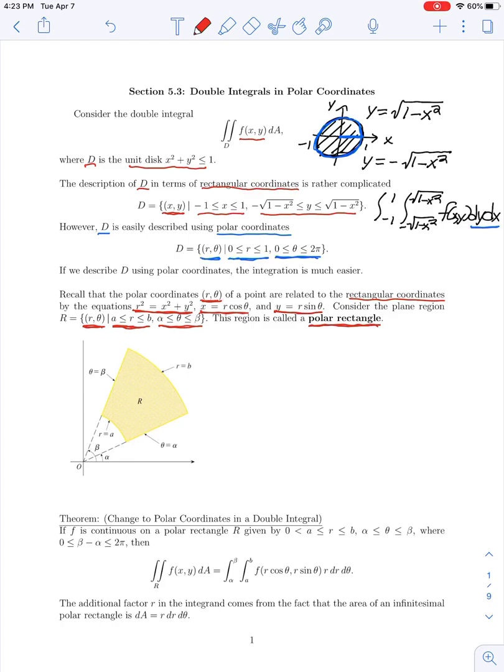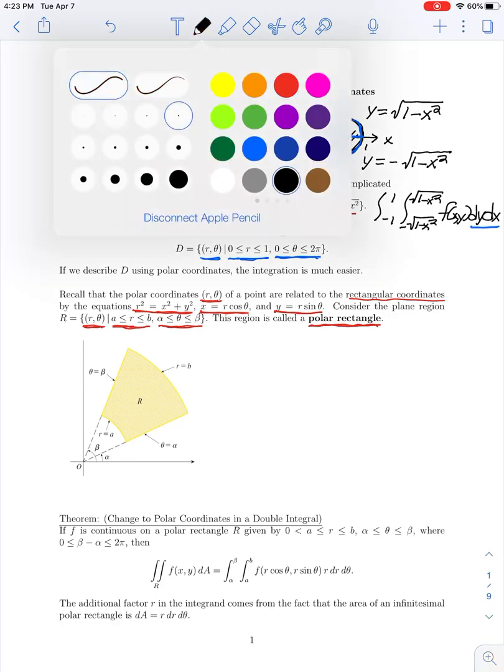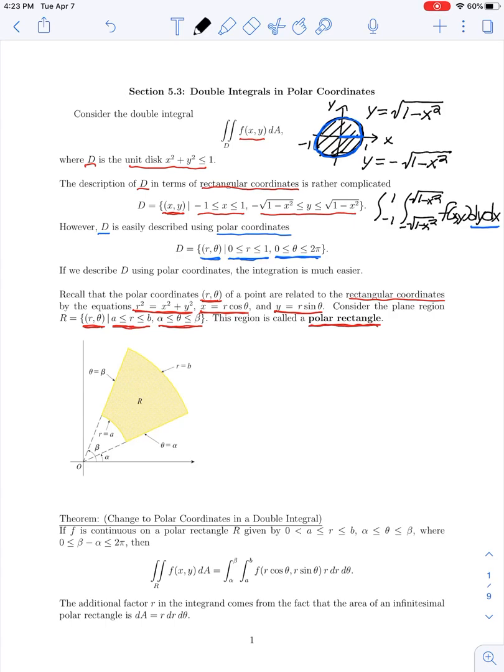So as an example of what a polar rectangle looks like, we would have the following figure.